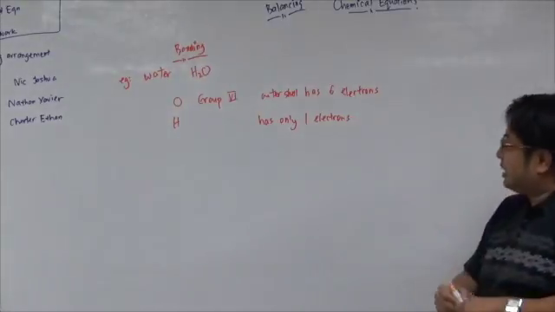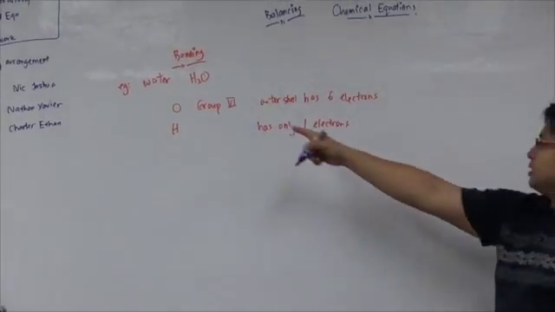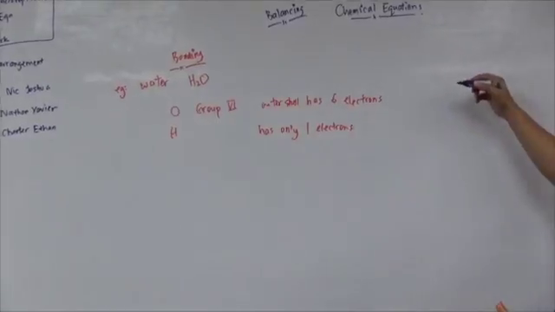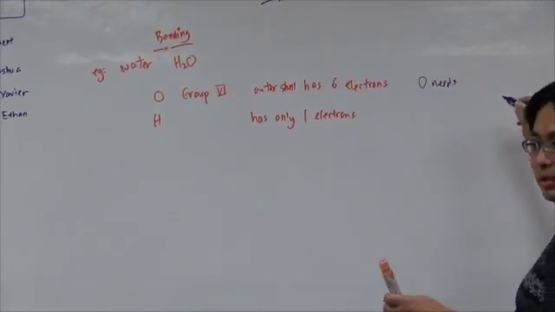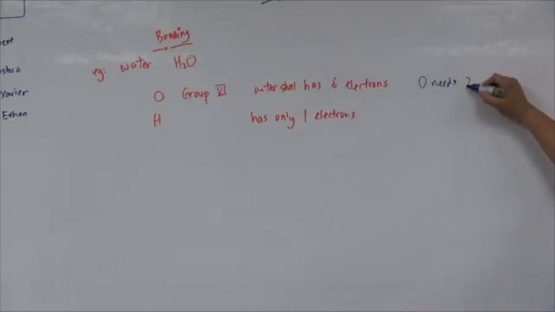Alright? So the next question is, how many does oxygen need to be stable? Oxygen needs how many more? Joshua, is it? Yeah. So oxygen needs 2 more. So how many is oxygen willing to share? 2. Yes, correct. So oxygen is willing to share 2. Alright?